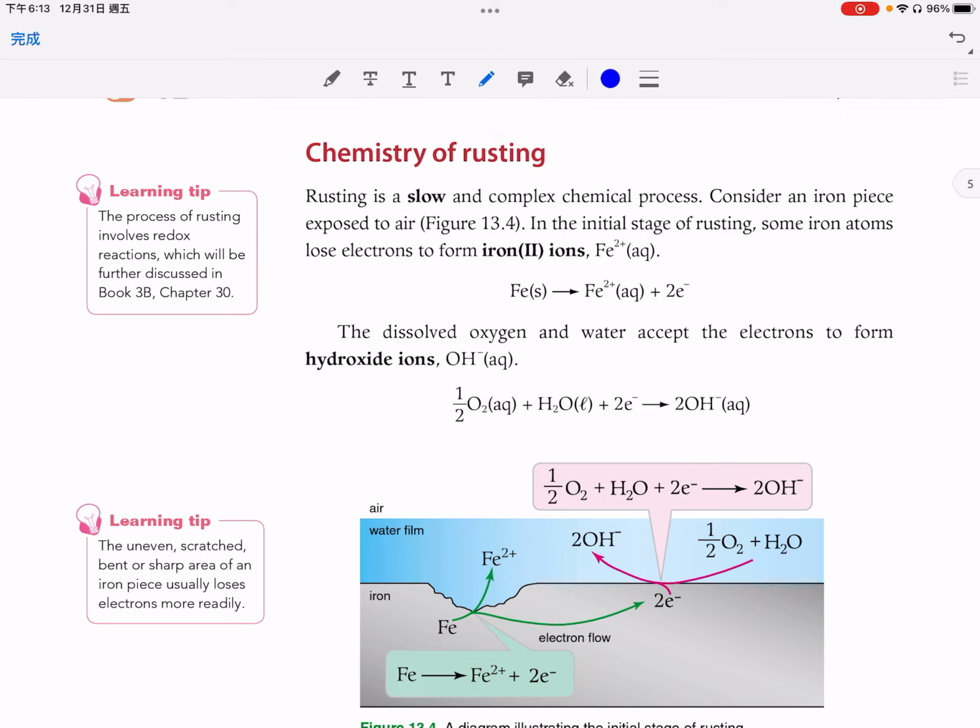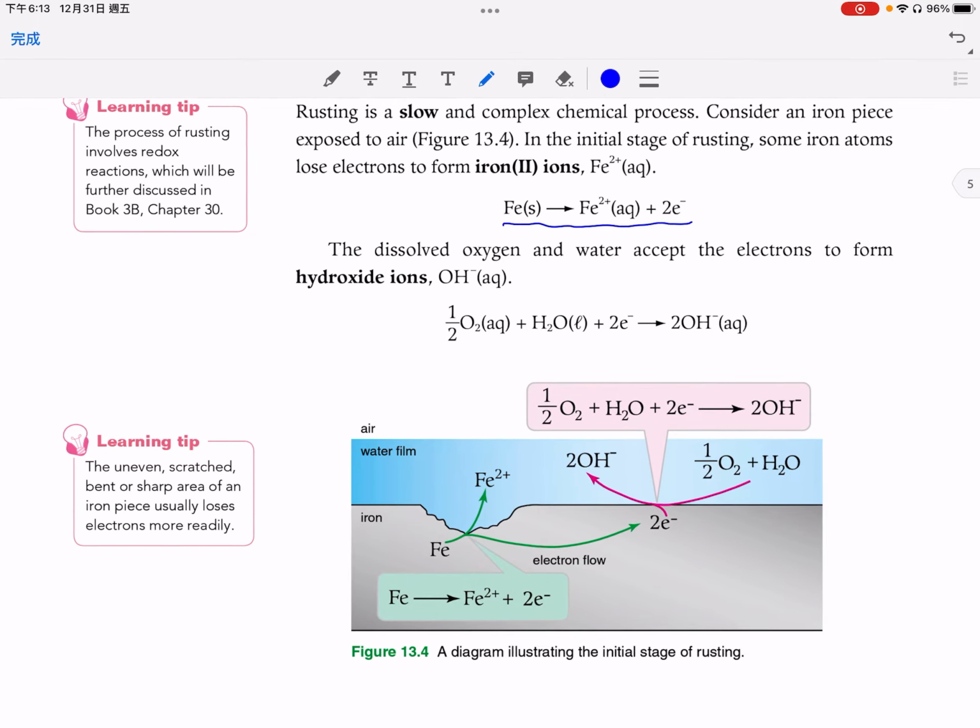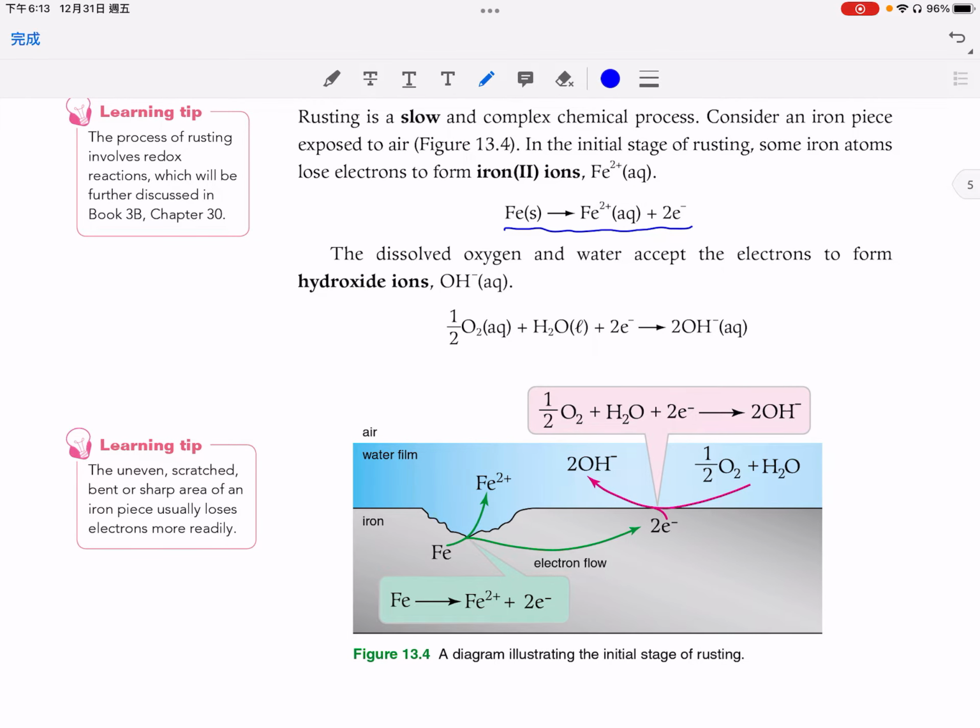Then how is the chemistry of rusting about? Earlier in this Chapter 13, you learned that iron becomes iron(II), giving out electrons like this. Right now, I will introduce to you that actually, the process of rusting, as illustrated by this page, can somehow be regarded as a chemical cell.